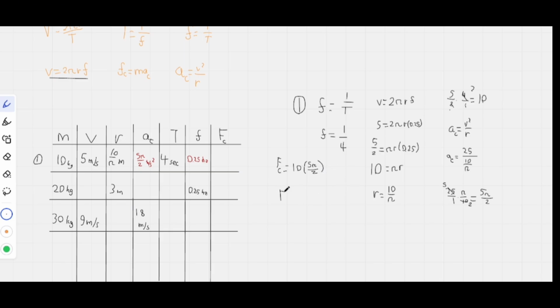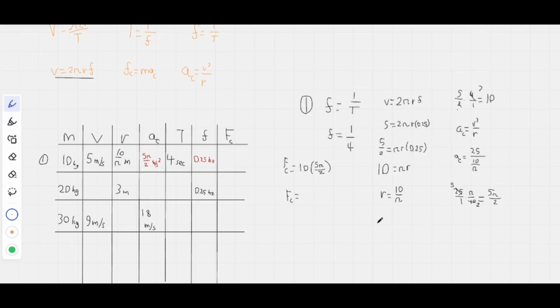And so our FC, and we can calculate our force, 10 over 1 times 5 pi over 2. That goes, this equals to 5, so we get 25 pi. So our force is 25 pi newtons. That's the first question done.